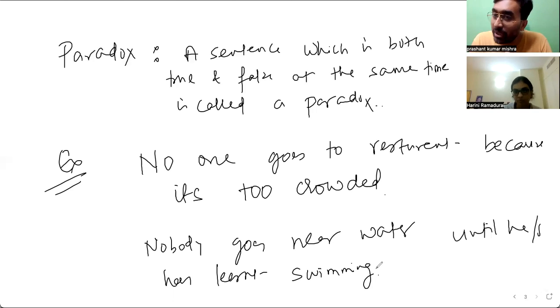Only if it's a statement does the truth value exist. Truth value exists only for a statement. So before going to the truth value, we have to see whether it's a statement or a sentence. So it's not a statement.